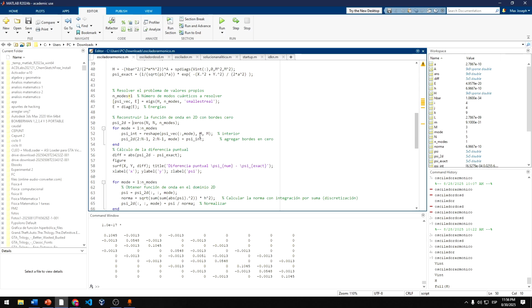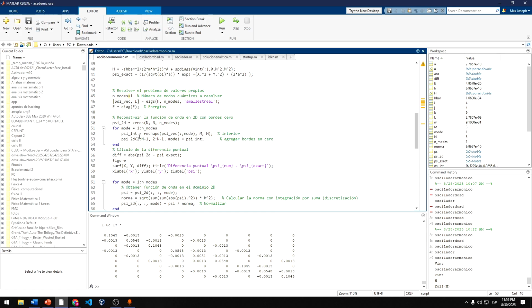Esto quiere decir que vamos a reordenar la parte interior de esta matriz, porque esta matriz incluye todo, los nodos externos e internos, pero solo queremos saber qué pasa en la parte interna.